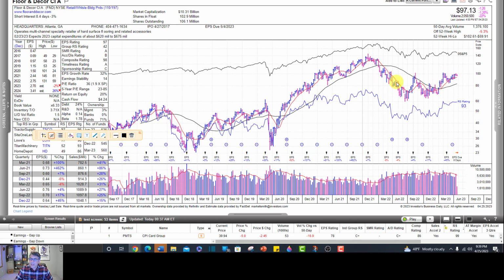Here's an Adam and Eve double bottom. It's getting whole number resistance at 100, and we had some resistance that happened right there. So here's a resistance line. Let's see if my line tools, yep, right there. Definitely have some supply here, but it's pretty far back. That won't even be on our 1-year chart.